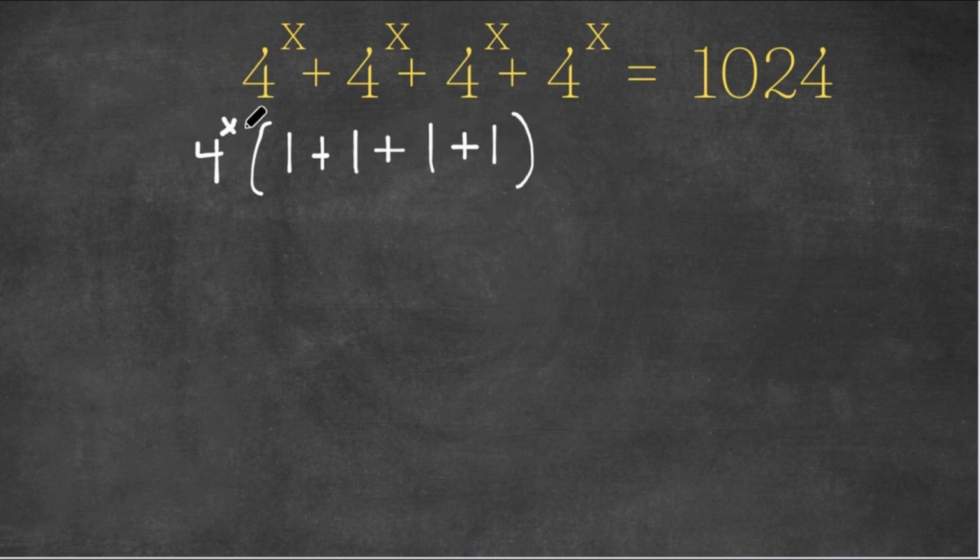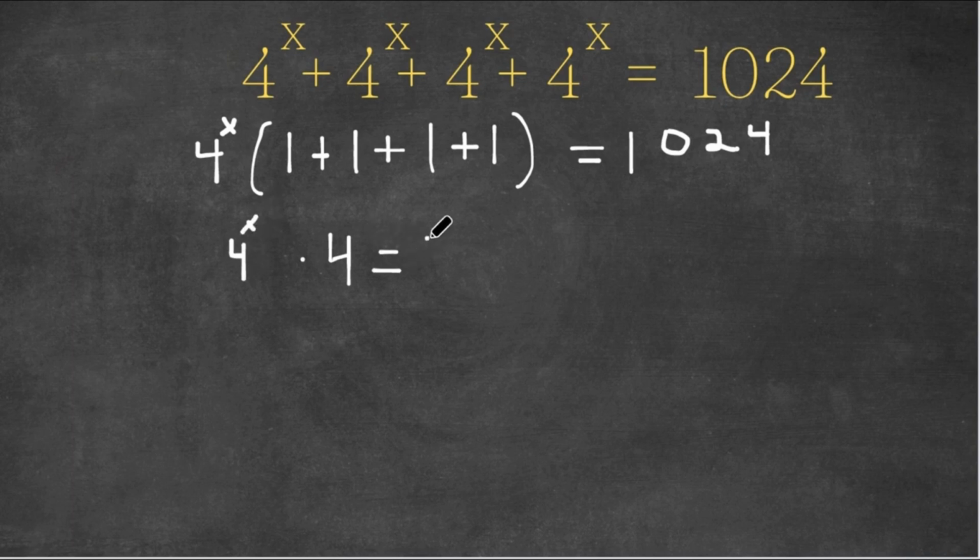So now we have 4 to the power of x times 1 plus 1 plus 1 plus 1, and this is equal to 1024. Now 1 plus 1 plus 1 plus 1 is 4, and I'm still multiplying this with 4 to the power of x, and this equals 1024.